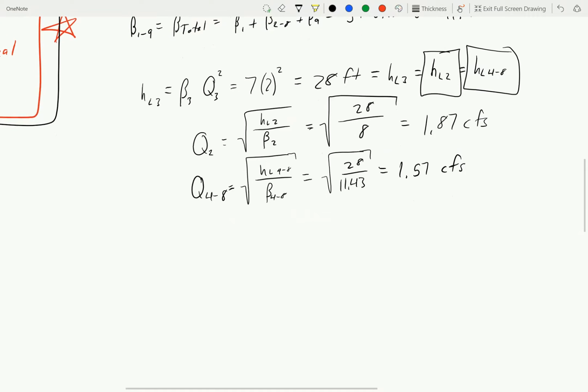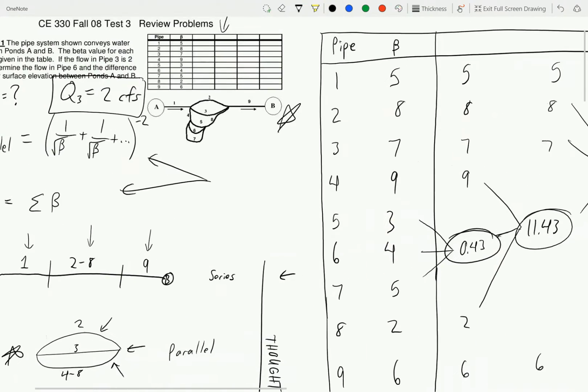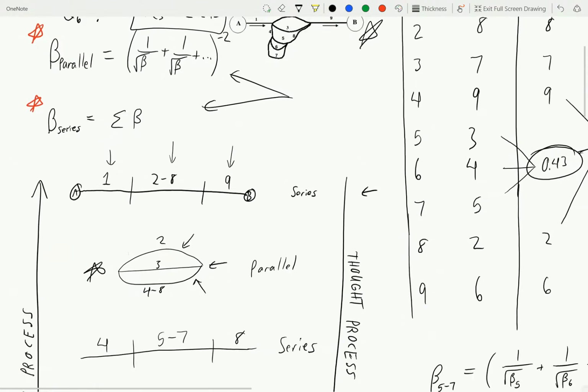Now we can find Q total, which is simply the Q through the entire system.